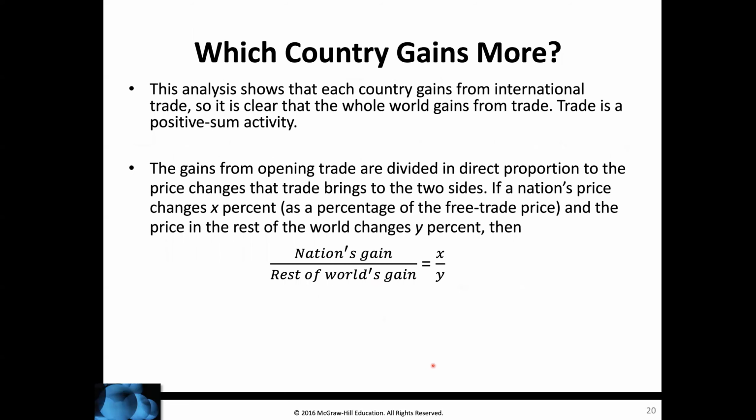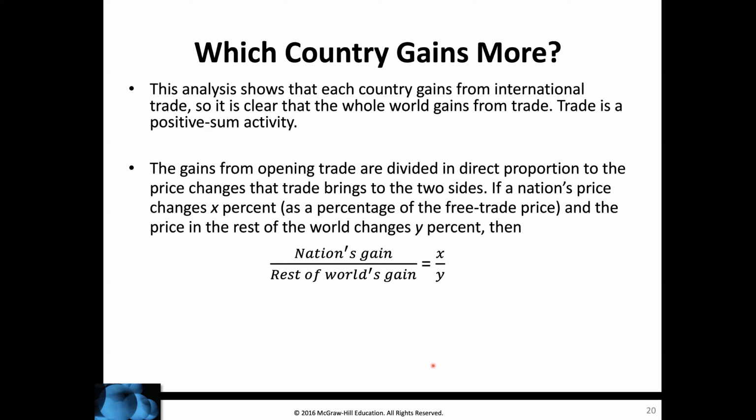So which country gains more? This analysis shows that each country gains from international trade, so it is clear that the whole world gains from trade. Trade is a positive sum activity, and it is generally a good thing. The gains from opening trade are divided in direct proportion to the price changes that trade brings to the two sides.